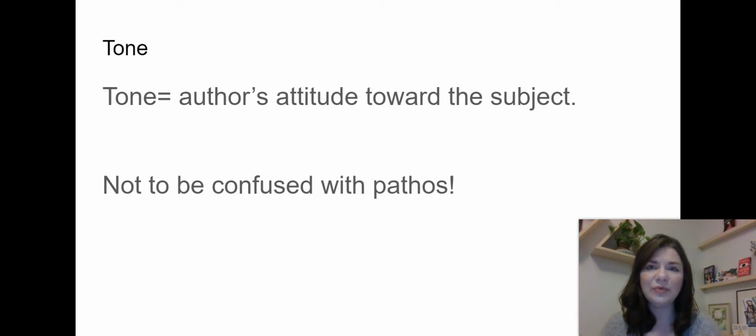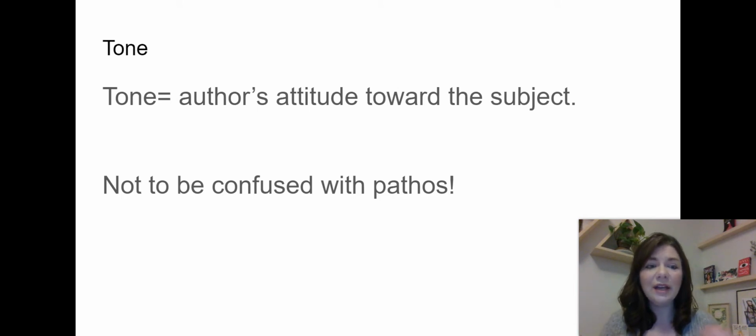Sometimes we're really happy and excited about something, and we want our audience to feel happy and excited too, and we're using word choices that help make that happen. But sometimes we aren't doing that. Sometimes a speaker might actually feel really angry about a subject and be trying to persuade their audience to take action, but they might be trying to make their audience feel sadness in response to the subject.